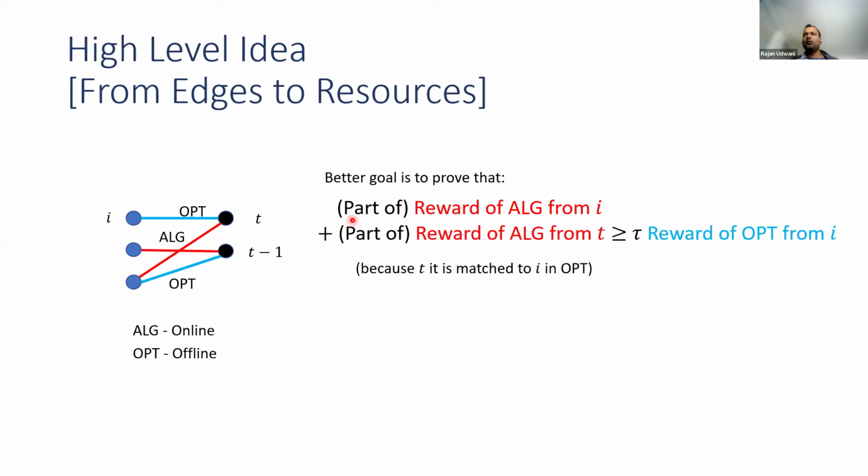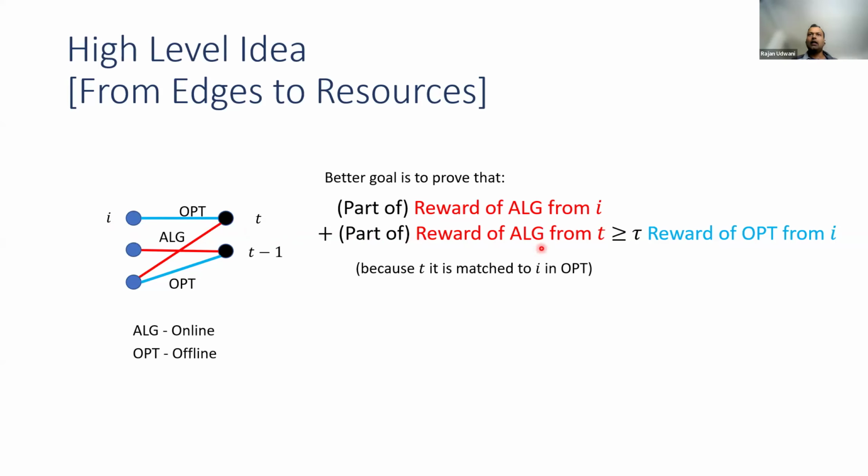So we could potentially look at part of the reward that alg makes from I, and then part of the reward that alg makes from T. Why T? Because T is what opt matches I to. So if alg did not match T to I, it must have had a better option or a similar option. So let's look at part of the reward it got from T.